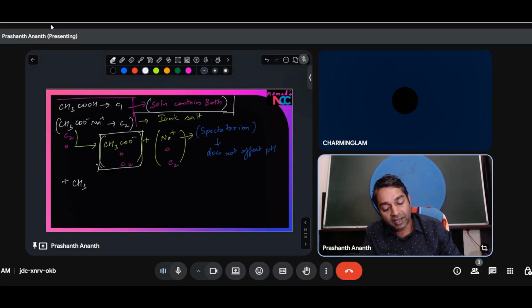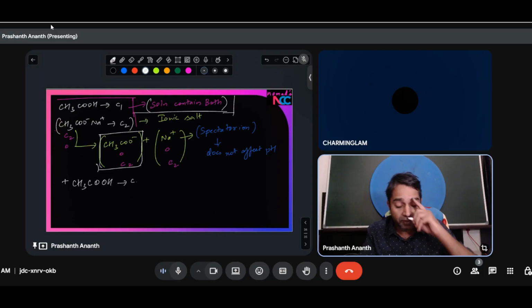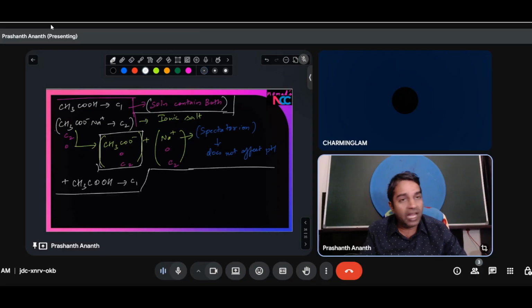So in this case, I have CH3COOH present from the beginning itself, and its concentration is going to be C1. Let us now try to understand what is going to happen in this solution. We will have a weak acid present, and it will have an equilibrium. So CH3COOH will be in equilibrium with H plus and CH3COO minus.